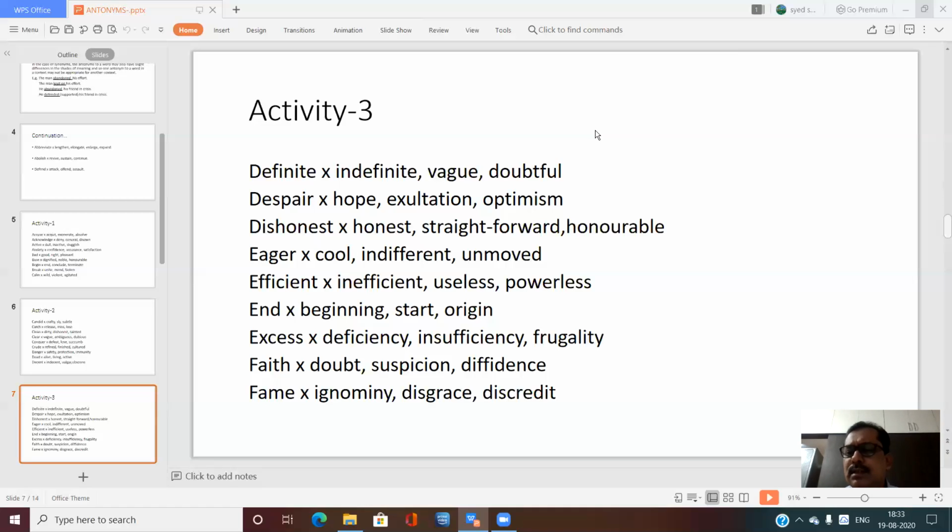Lack of confidence is called diffidence. Doubt, suspicion. Fame, opposite words: ignominy, disgrace, discredit. These are the opposite words of fame. Credit, discredit. Grace, disgrace.